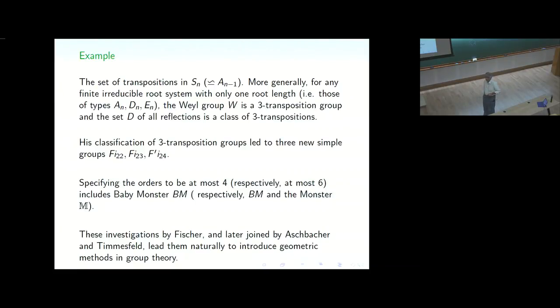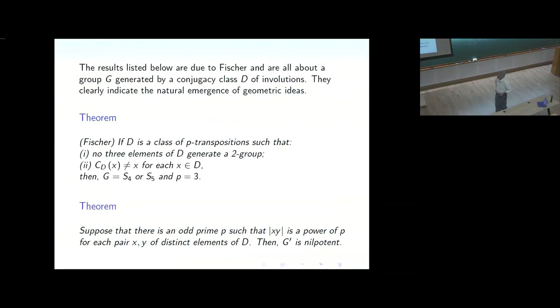These investigations were started by Fischer. In fact, a great part of it was done by Fischer, and then later continued by Aschbacher and Timmesfeld, and led to many geometric methods, which is already indicated in the fact that the Coxeter groups of types A_n, D_n, and E_n are generated by 3-transposition classes.